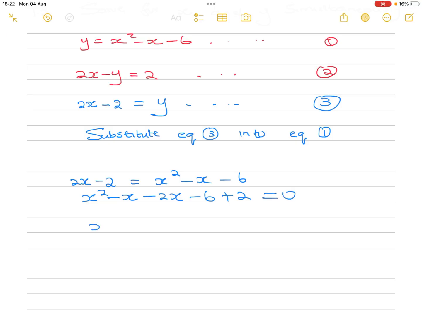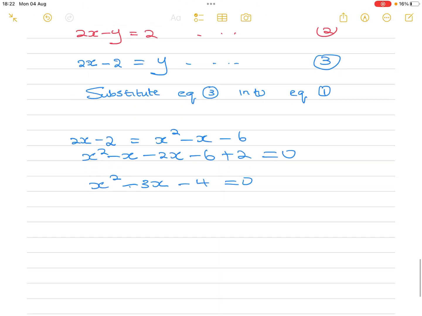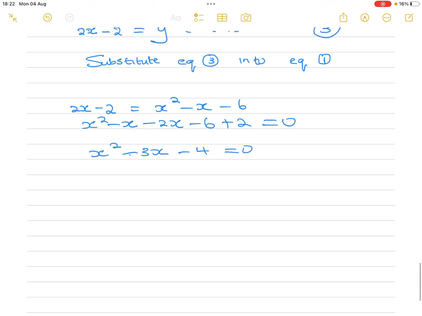So now I have x squared minus x minus 2x, it's minus 3x, and then minus 6 plus 2, it's minus 4, equal to 0. So here I want to find factors such that when I multiply them they give minus 4, and when I add them they give what?